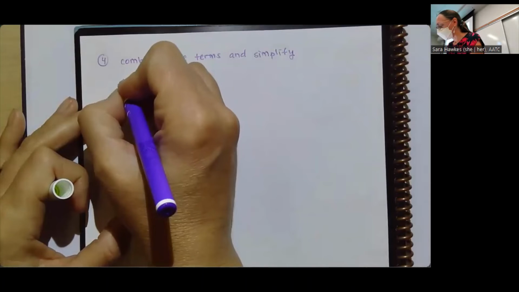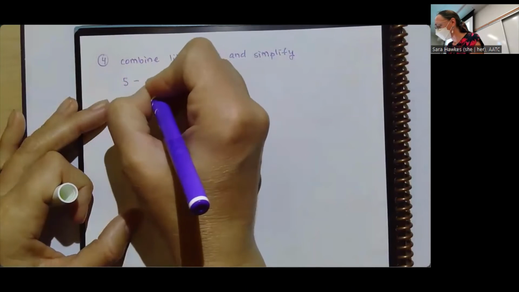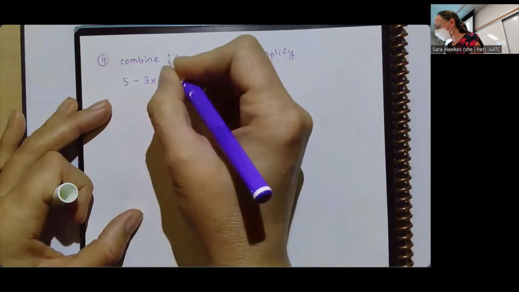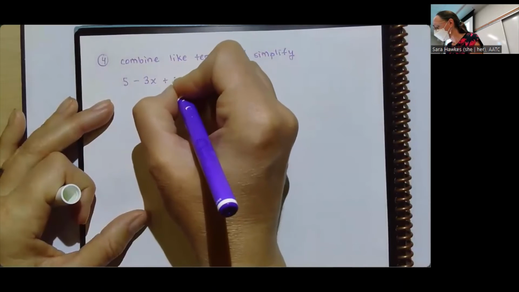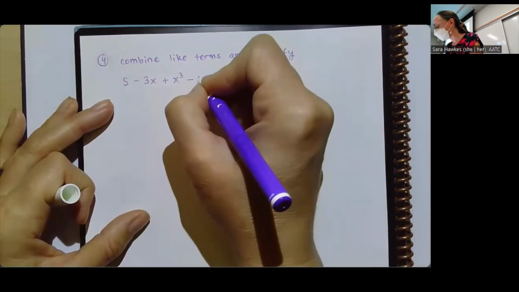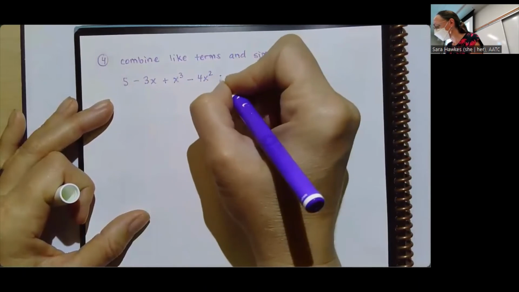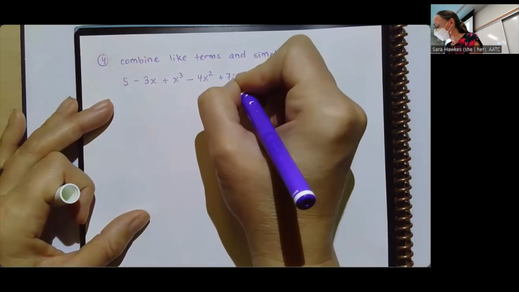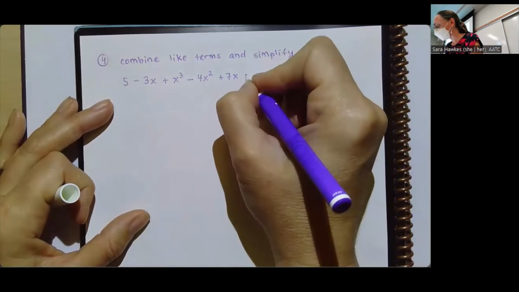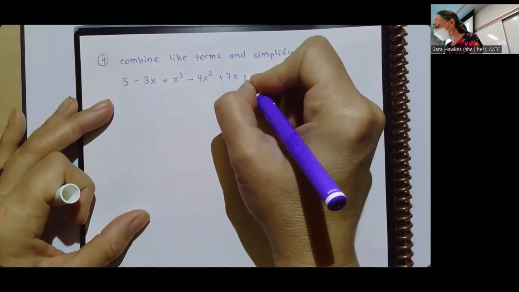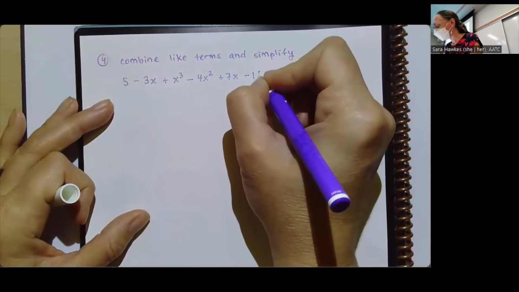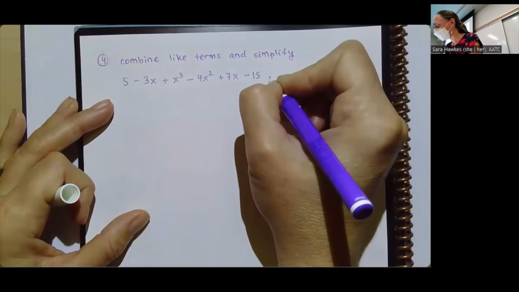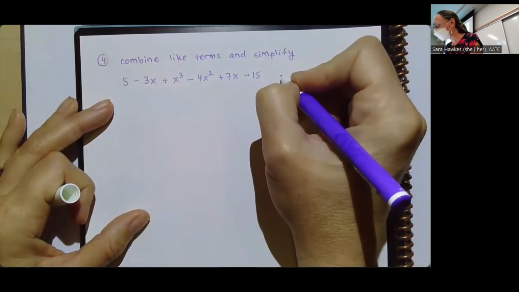So let's say I've got 5 minus 3x plus x cubed minus 4x squared plus 7x minus 15.